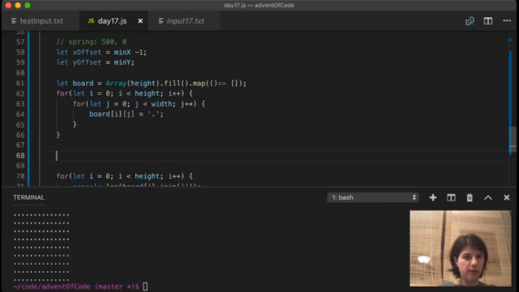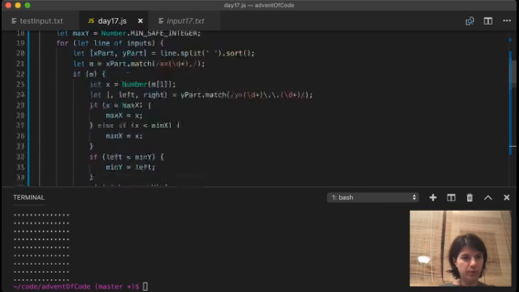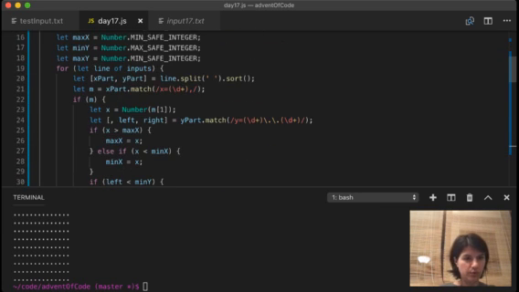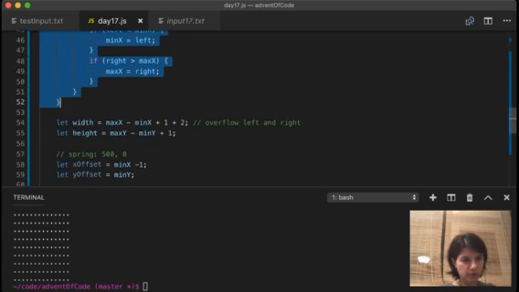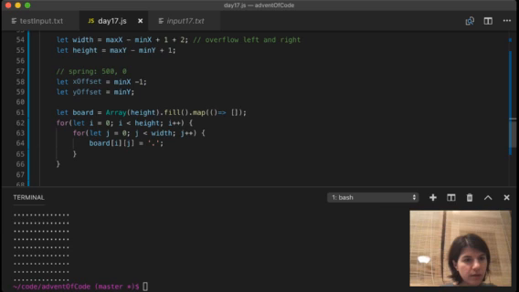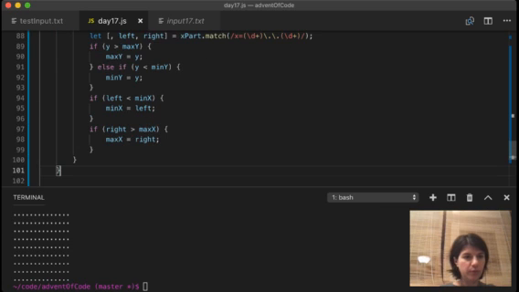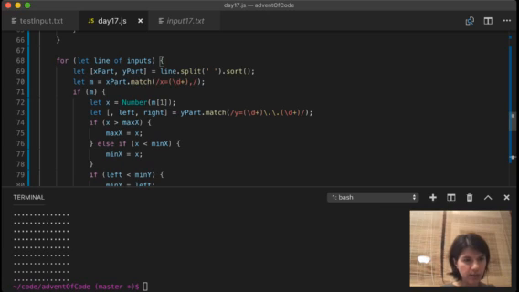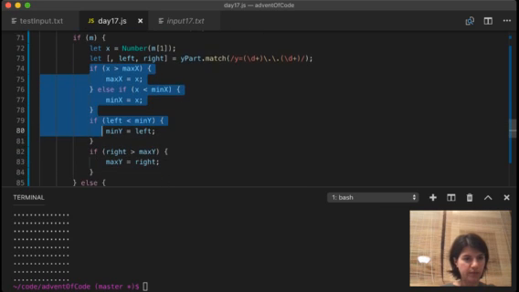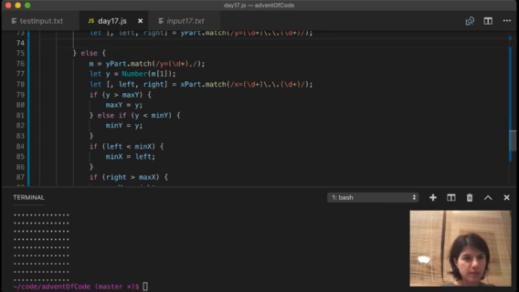And so now I want to add all the clay to this board. So I'm just gonna copy and paste a lot of code. Who cares? So I filled the board, and before I'm printing the board, I want to add all the clay to it. So if we have an m, left and right, and then I don't need to do this.